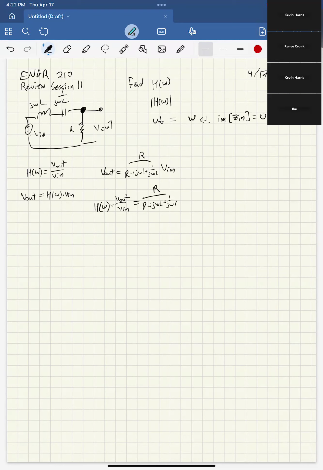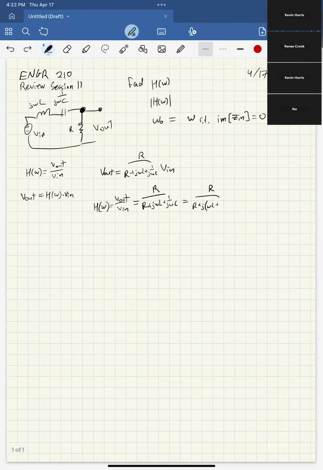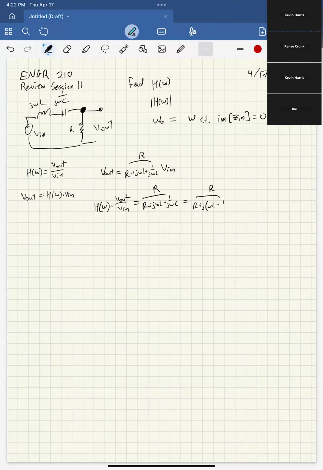Now, in this class, whenever you're doing a transfer function, in order to do any of the actual useful stuff with it, you want to get all of the imaginary stuff out of the denominator. So we want to do that. If we do some algebra, we can notice that this is R plus J times omega L minus 1 over omega C. There's some algebra on that, but just trust me.